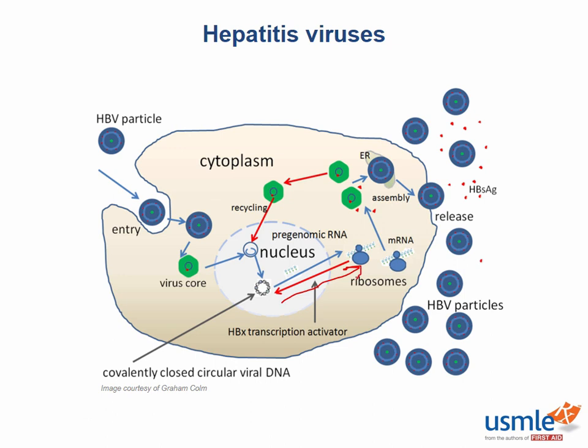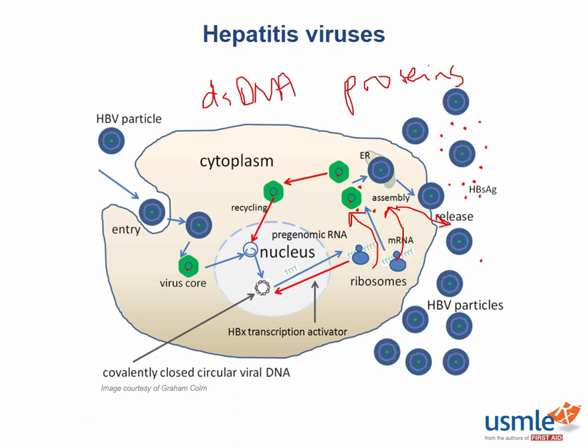This mRNA is then used for 2 separate functions. Number 1, it is translated into viral proteins that are used for assembly and release. So it's made into proteins. And also, specific to hepatitis B, it is reversely transcribed back into that double-stranded DNA that's specific to hepatitis B.